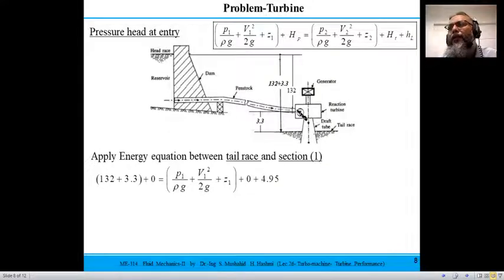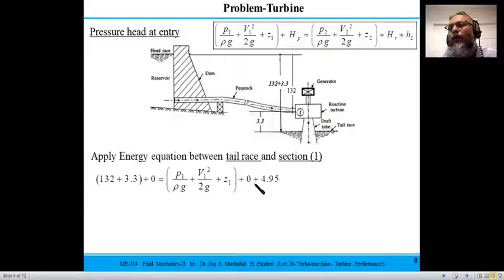At section 1 you have a certain pressure head at the entry, a kinetic head, and an elevation head. Between the two sections the turbine work is 0, and there is a head loss taking place.